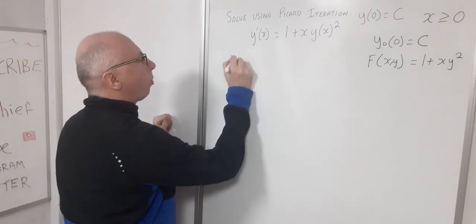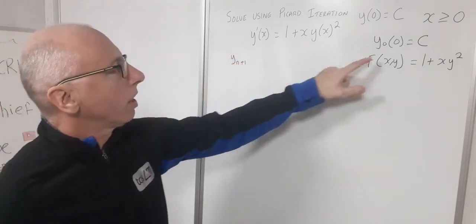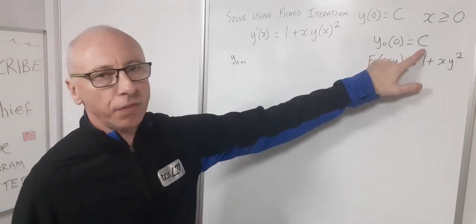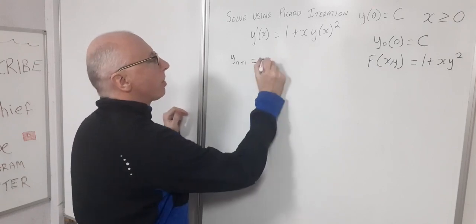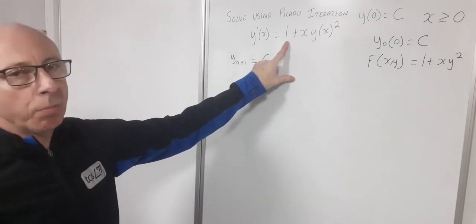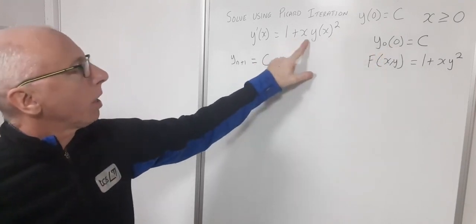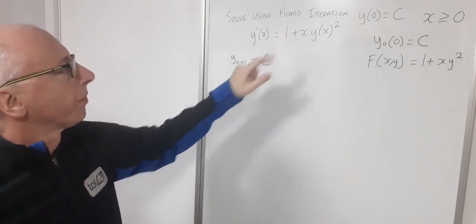So we've got y of n plus 1, that will be the next one in the sequence. Here we've got y of 0, so that's our first term, and then we have that equal to c, because if we plug in 0 into here where we've got x, this will give us our value for c.